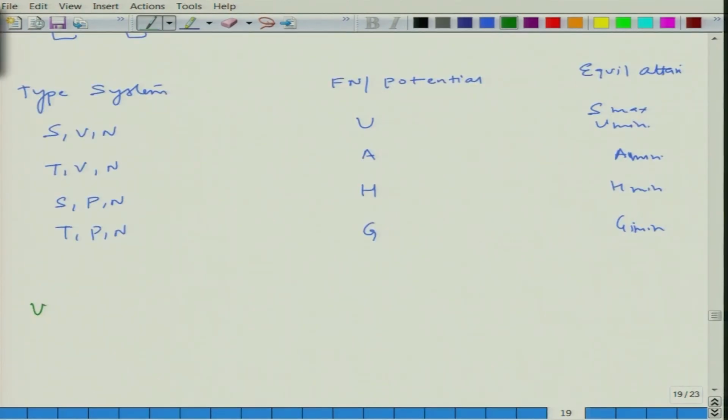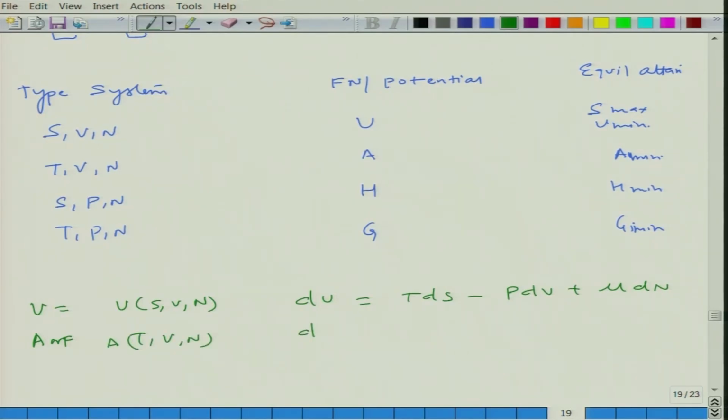So, let us say U is a function of S, V, n, and dU is equal to T dS minus P dV plus μ dn. Here I am just taking the pure system. A, or sometimes also called F, is a function of T, V, n. So, dA is minus S dT minus P dV plus μ dn.